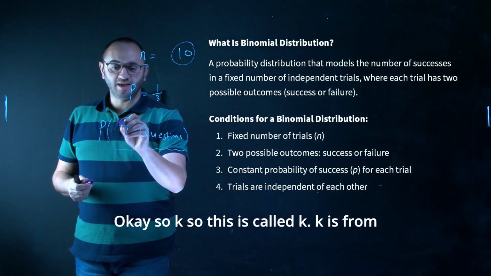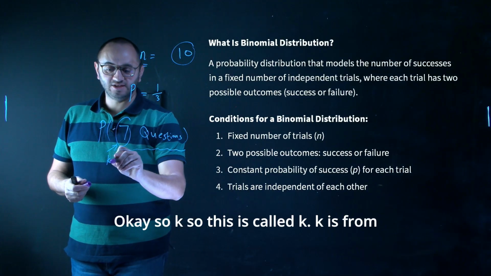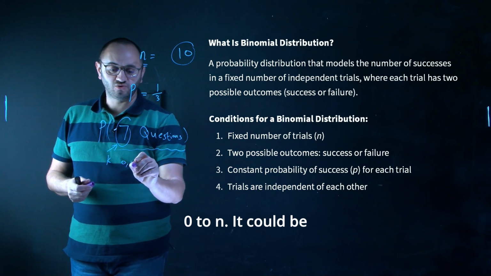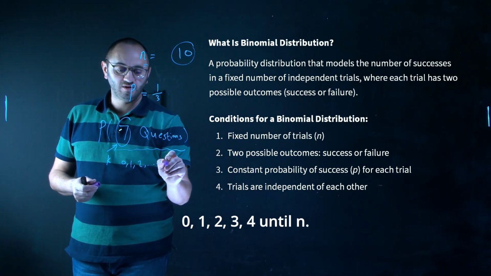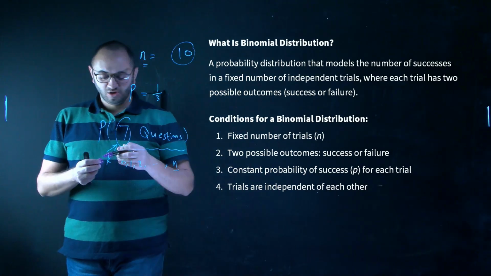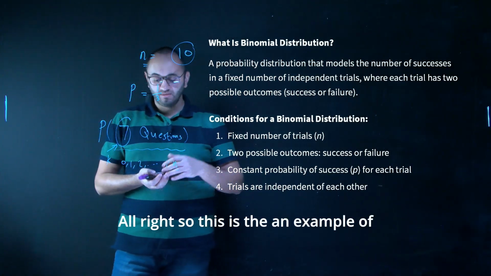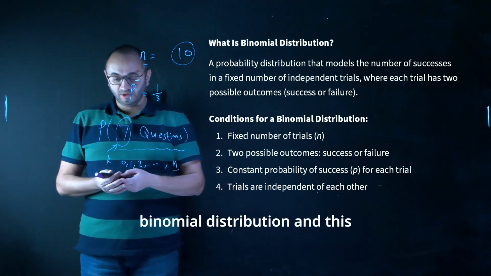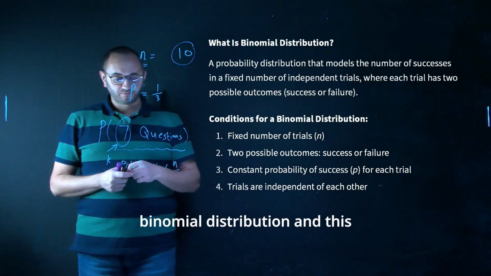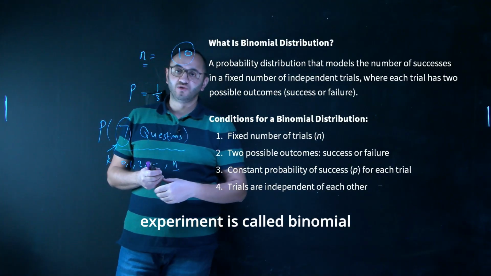So this is called k. K is from 0 to n. It could be 0, 1, 2, 3, 4 until n. All right, so this is an example of binomial distribution, and this experiment is called a binomial experiment.